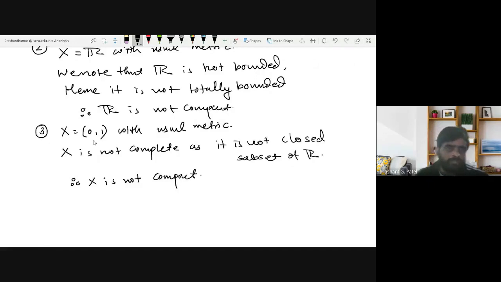So this gives you an idea of which subsets of R are compact: all the closed intervals. Any closed interval is always compact as a subset of R with the usual metric.